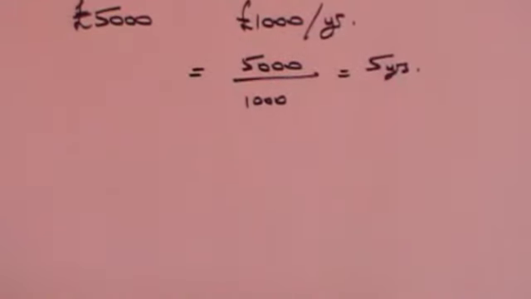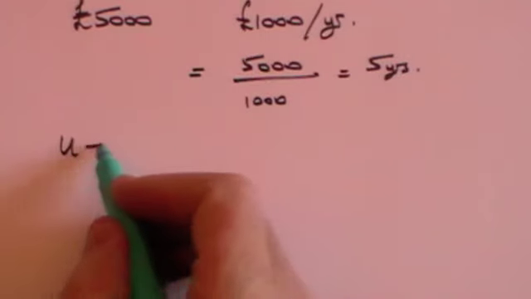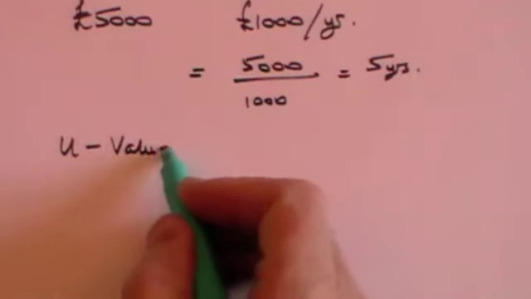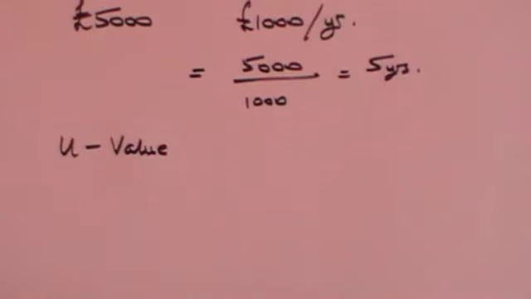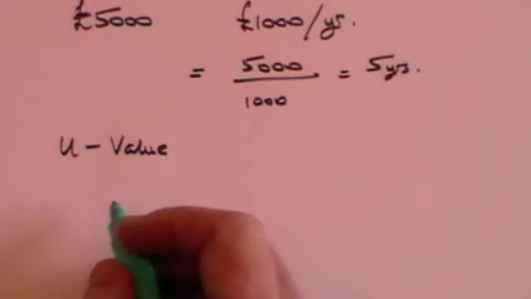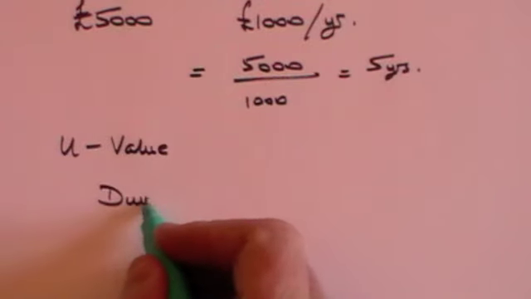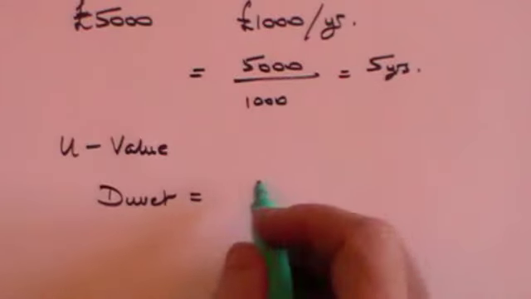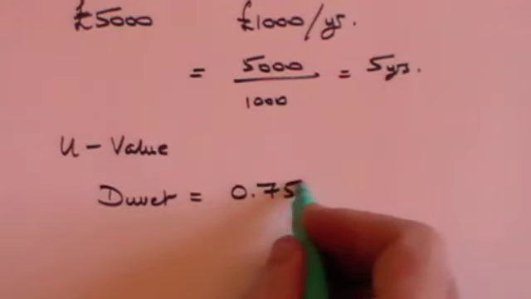Sometimes you will find things that are designed to prevent heat loss described as having a U value. The higher the U value, the greater the ways in which it can prevent heat loss. So you want a high U value. You might, for example, find that a duvet that you have on your bed is rated at 0.75.